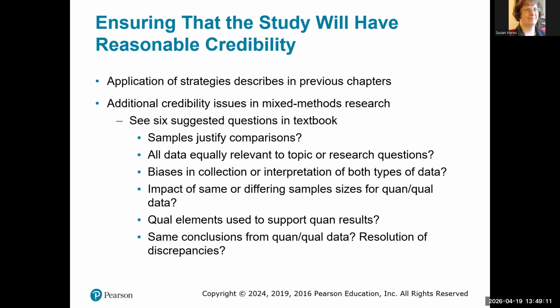Is the impact the same or differing from samples with different sizes for quant and qual data? You have to really work at that. In my mixed mode study of leadership of internet standards, I found I could gather quite an immense amount of qual data from documents that were online.